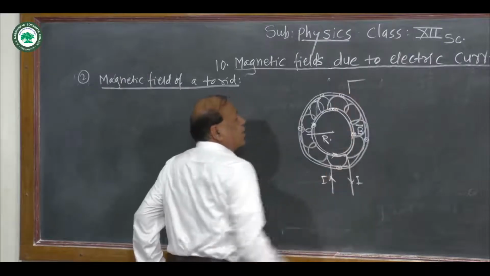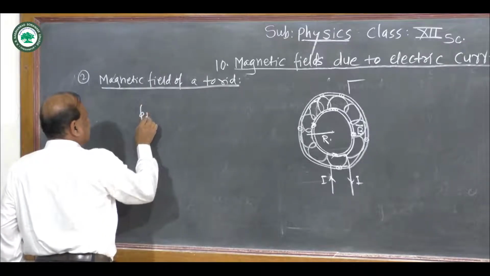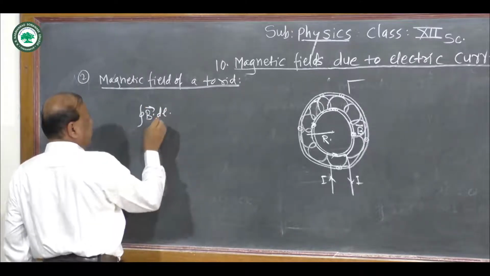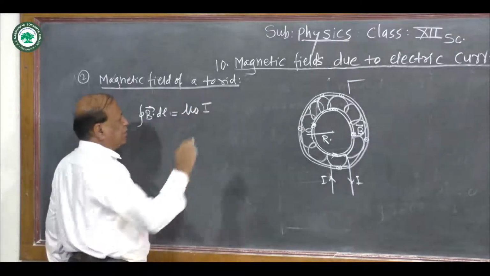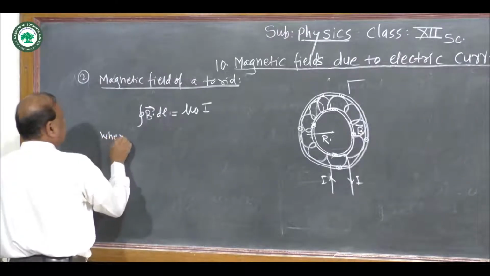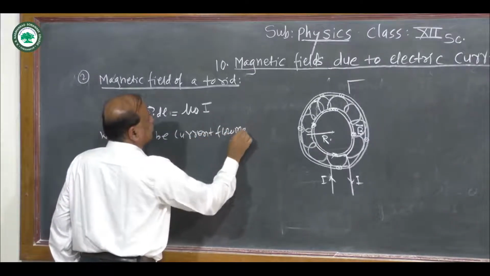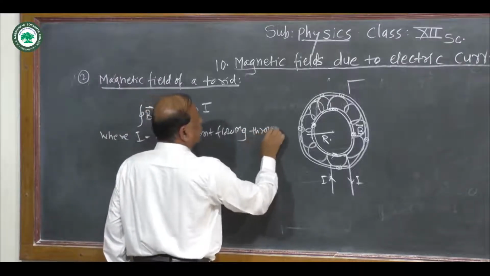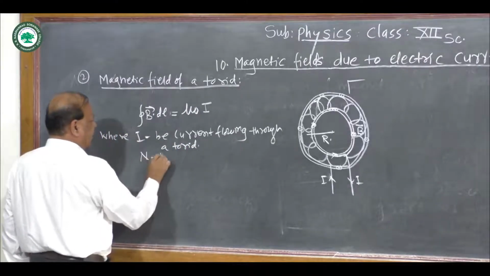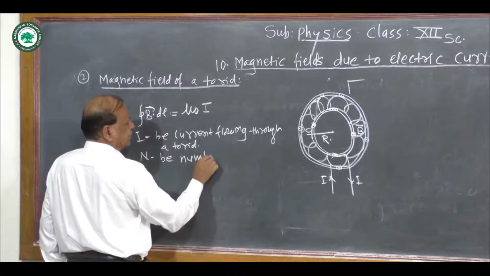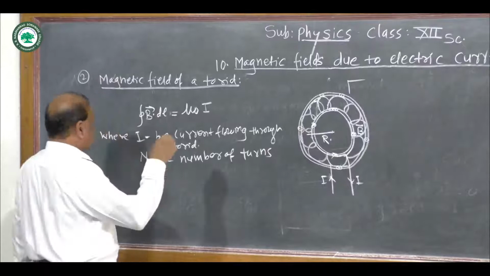Now this is the Amperian loop, and the line integral, that is B dot dl, for this toroid is equal to mu 0 times the current I flowing through the toroid, and N is the number of turns of that conducting wire.